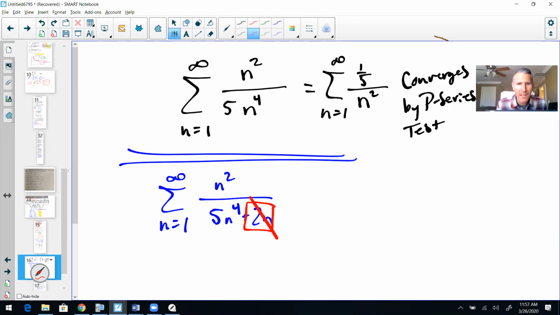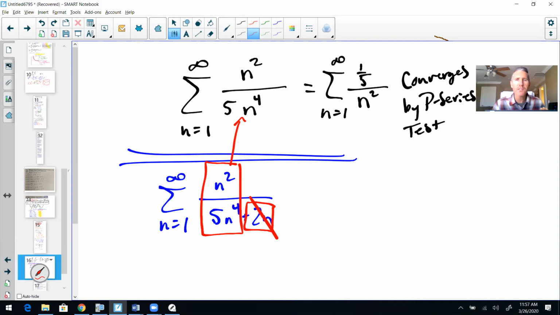The numerator only has one term, so that of course is the dominant term. So I'm looking at this as dominant term over dominant term, and that's just what I had up there. So it's going to look like that, which we know converges, so this guy will also converge.